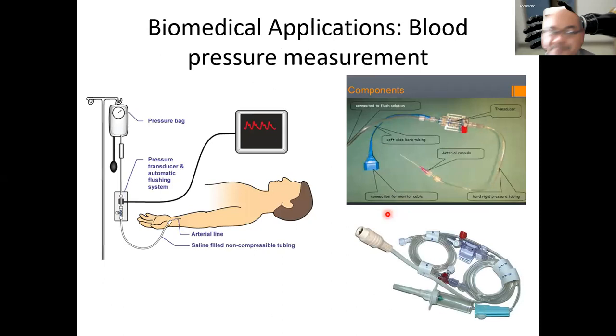Where do we use strain gauges or resistance-based sensors in biomedical applications? One example is measuring blood pressure with a strain gauge, but we have to install the strain gauge carefully because it cannot directly measure the pressure. The pressure has to be converted first into deflection of a diaphragm.